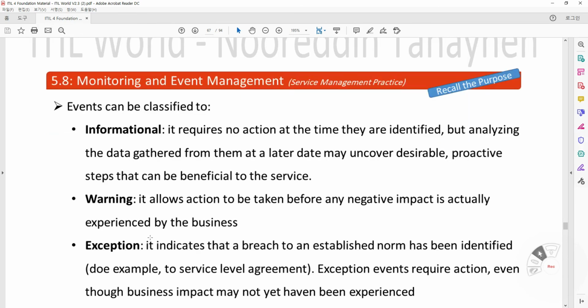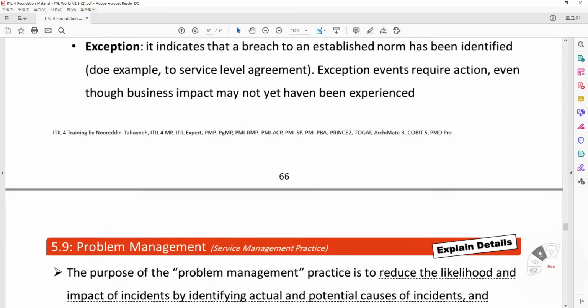Exception: it indicates that a breach to an established norm has been identified, for example a service level agreement. Exception events require action, even though business impact may not yet have been experienced.